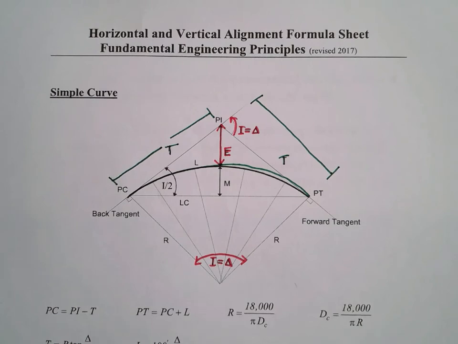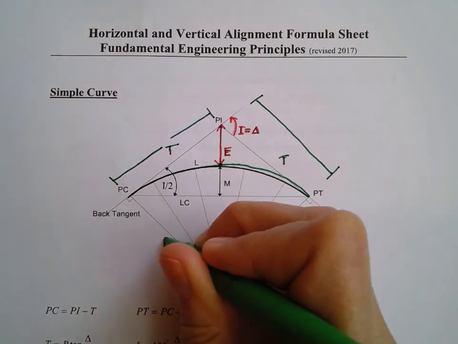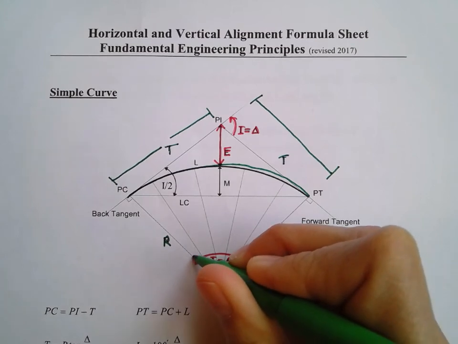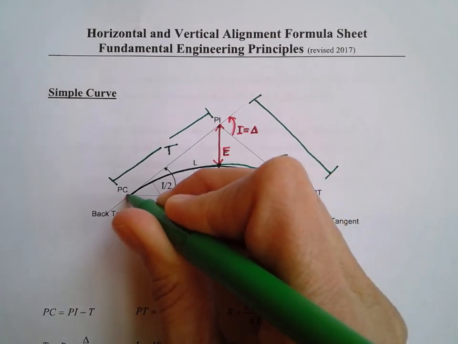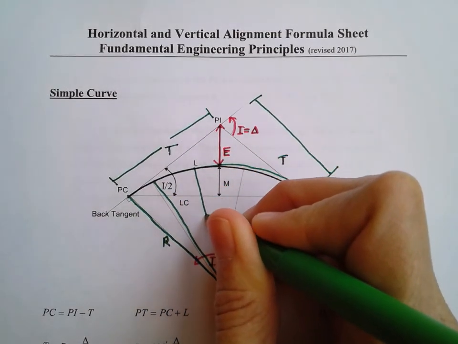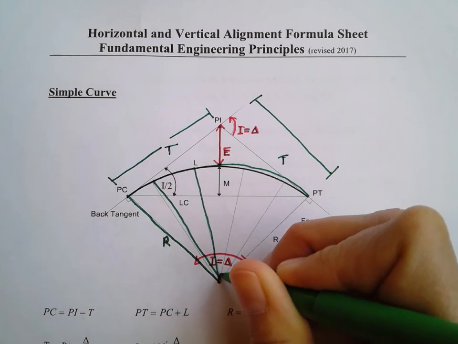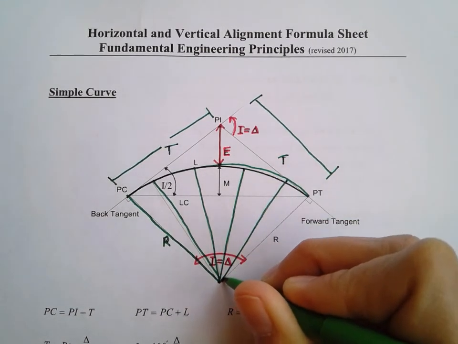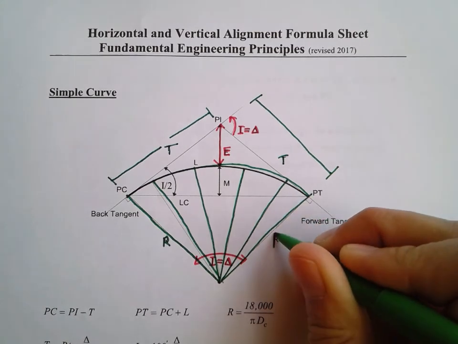We're also asked to find the radius, which is a distance from the center to any point along that horizontal curve. All these different lines that are drawn in here are just different instances of that same radius measurement from the center to any point along that curve.